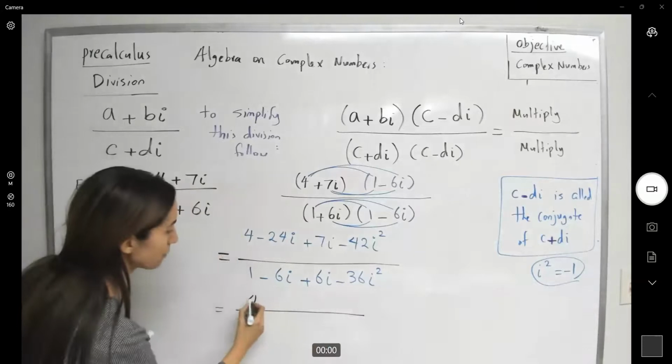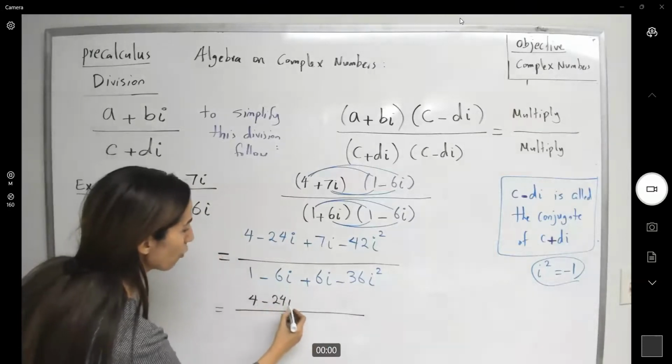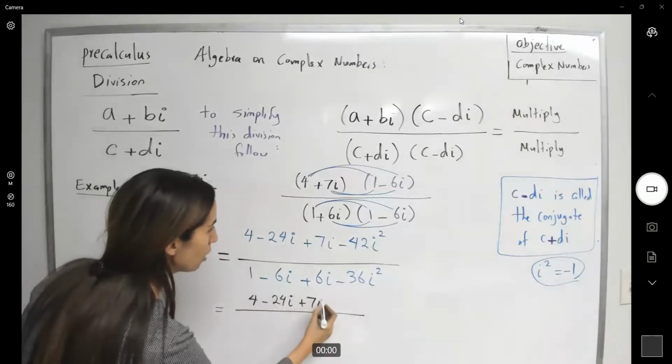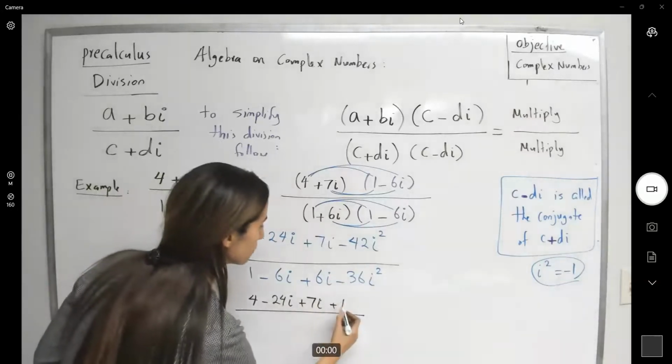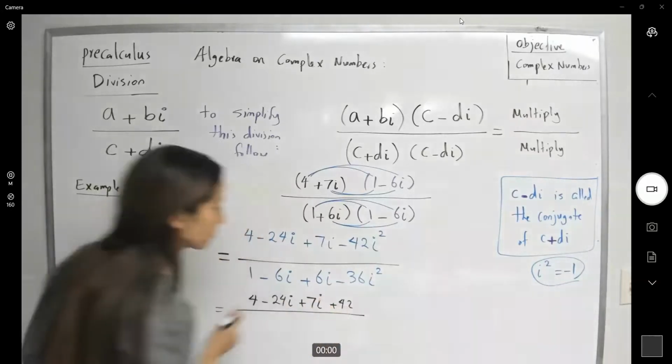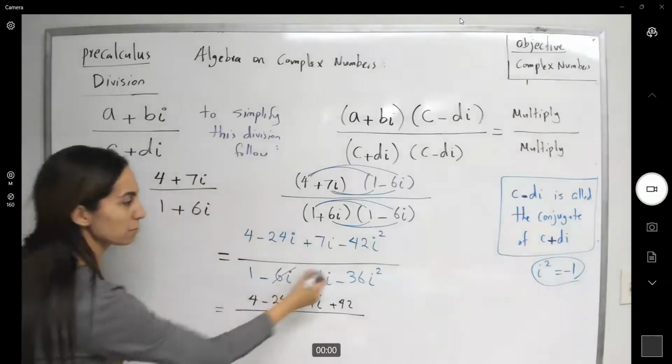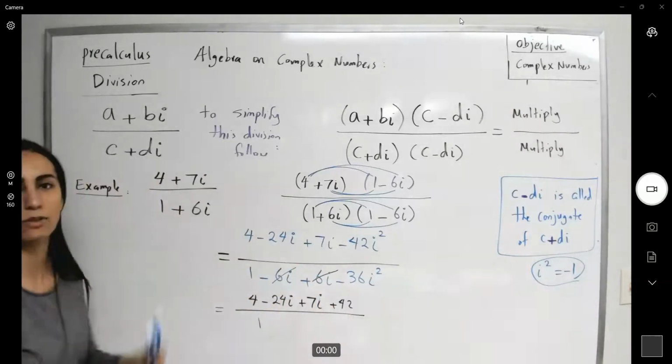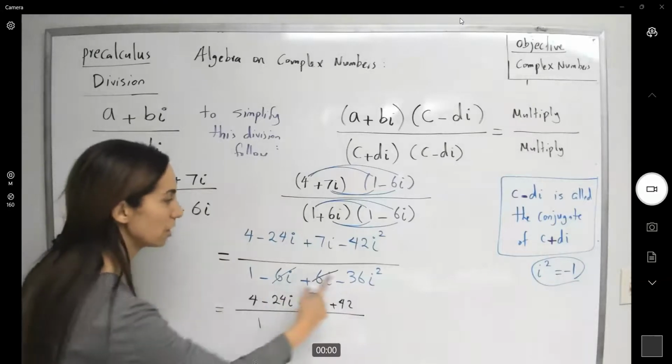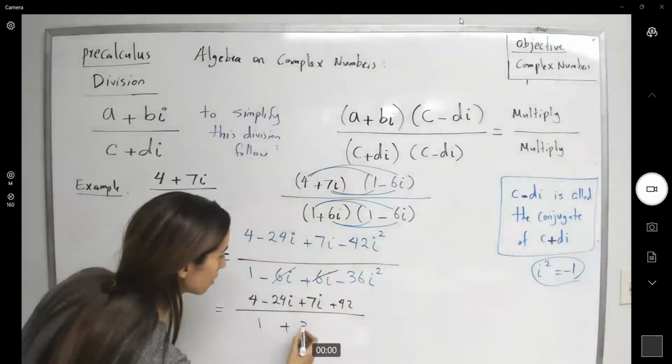So this guy becomes 4 minus 24i plus 7i plus 42. The denominator becomes 1 minus 6i plus 6i, they cancel out each other. 1 plus 36.